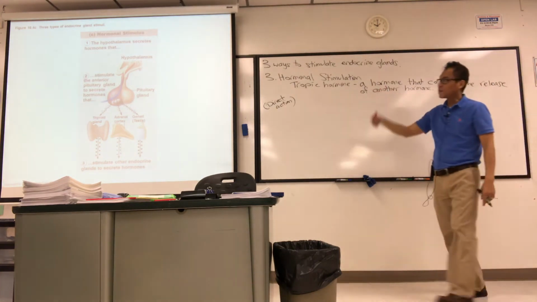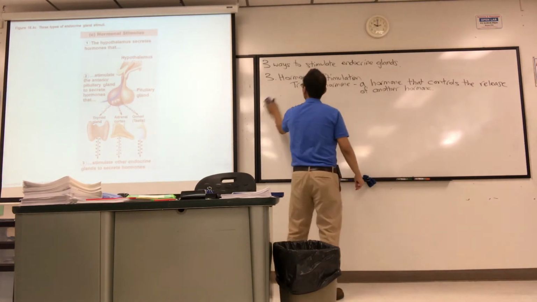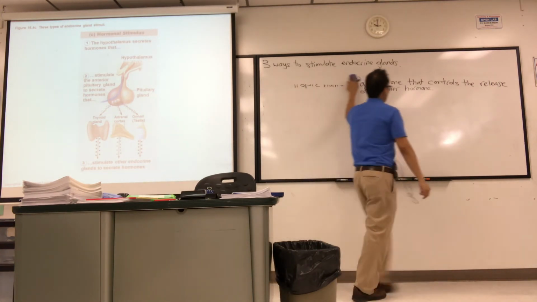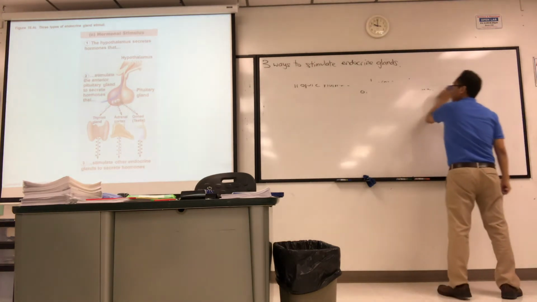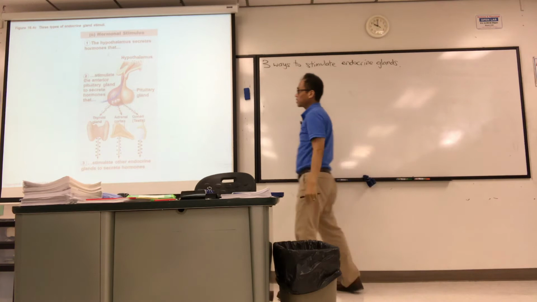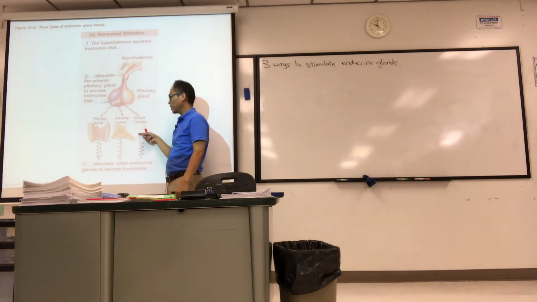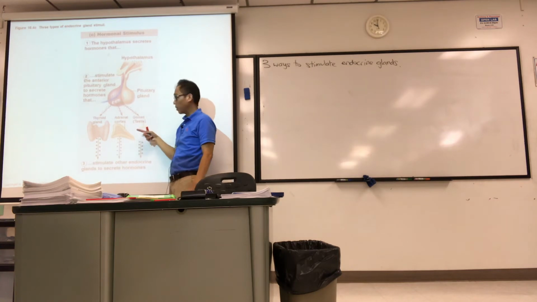So in this example here, the pituitary, basically the pituitary is stuck between hypothalamus above, and it'll control the release of another hormone from an endocrine gland below.